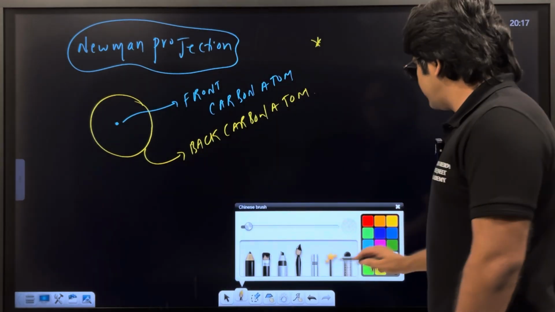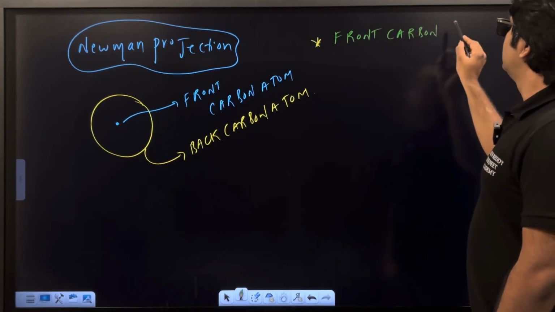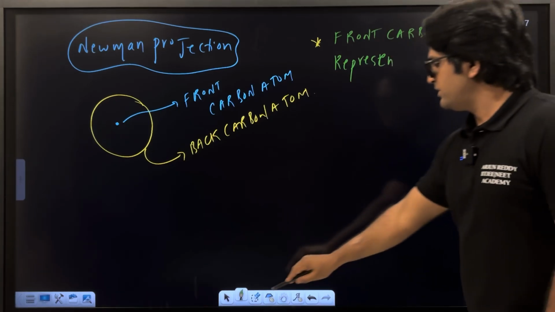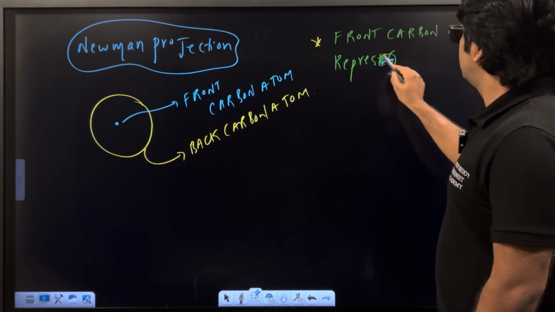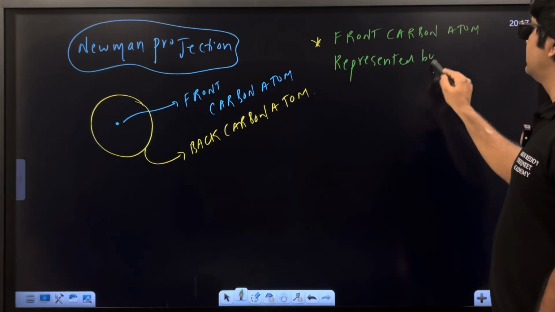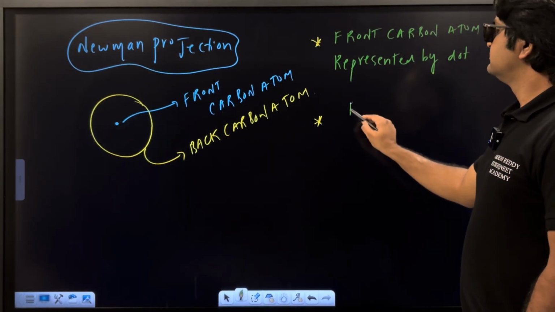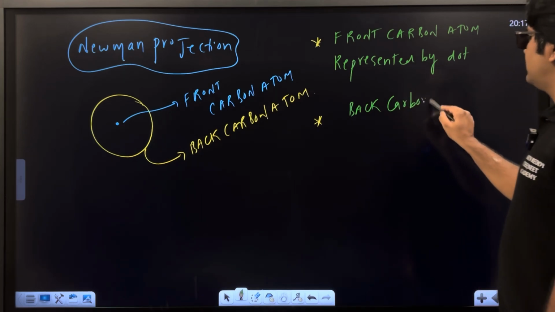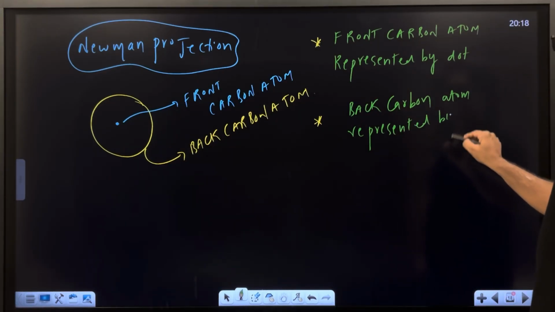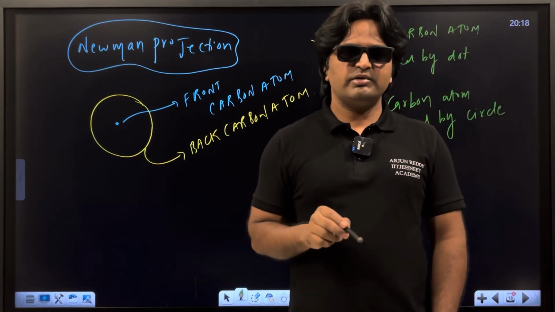First point: according to Newman, the front carbon atom is represented by a dot, and the back carbon atom is represented by a circle. These are the 2 points.